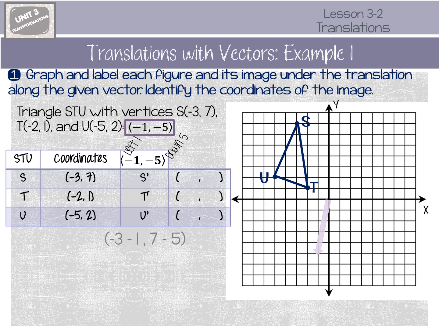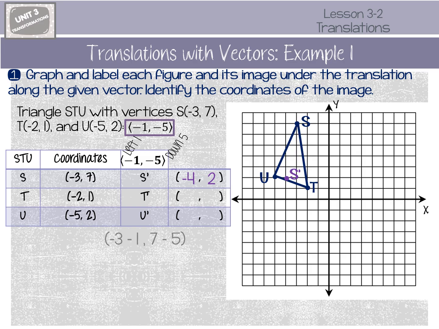So let's do some calculations. Because we're not in Delta Math right now, negative 3 minus 1 and 7 minus 5. There's that vector, and it takes us to negative 4, 2.